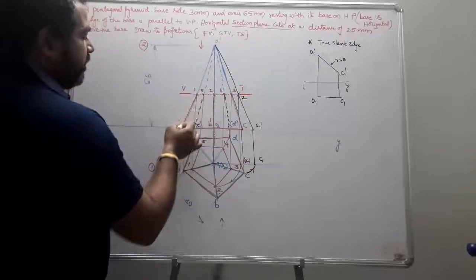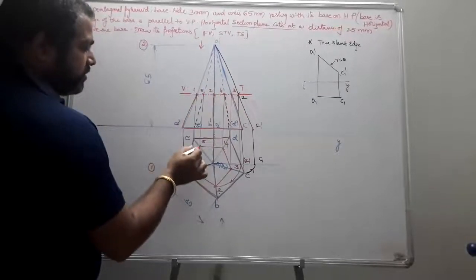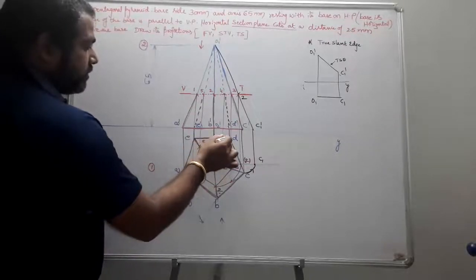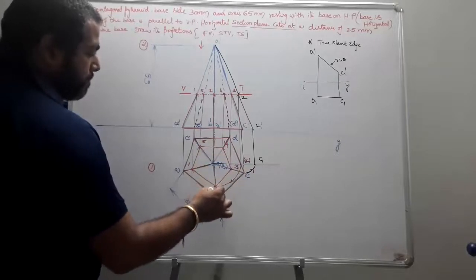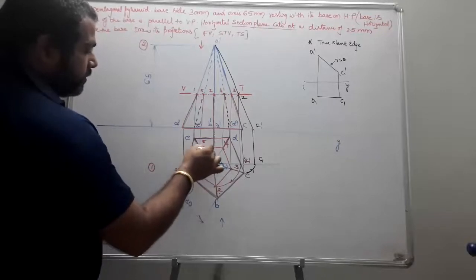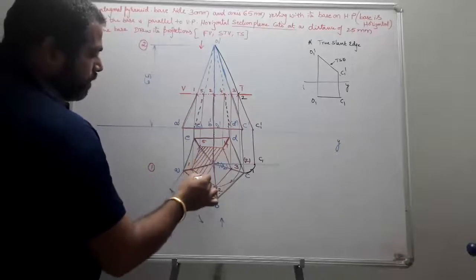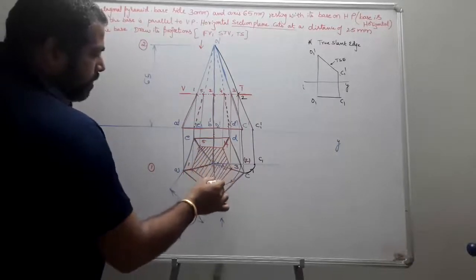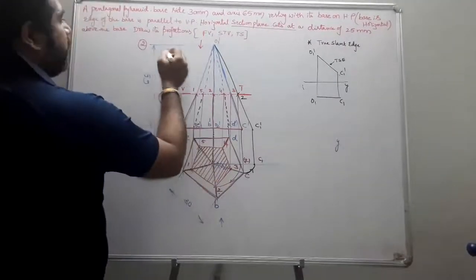And 1A, 2B, 3C, 4D, 5E edges are also existed. So these are also drawn like this, and it was drawn with hatching. Okay, so this becomes your front view.